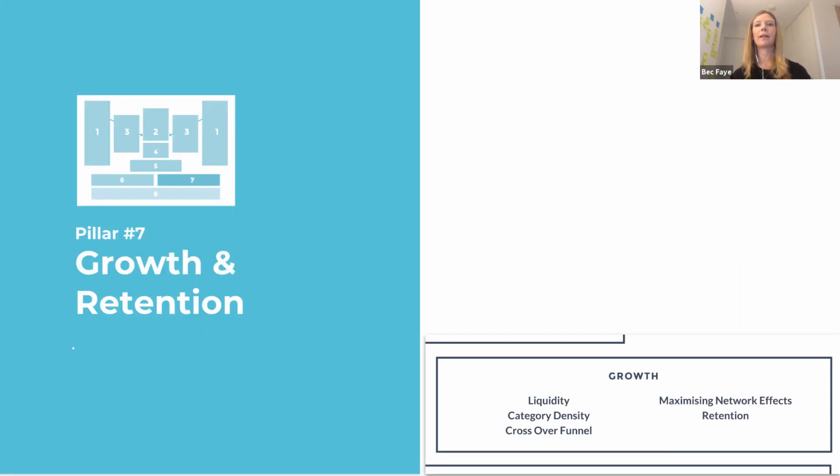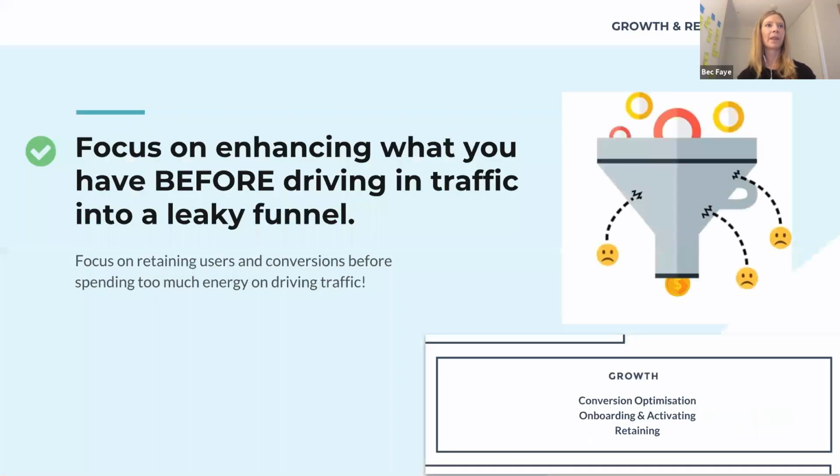Now this is where we look at things like liquidity, category density, your crossover funnel, maximizing network effects, and also your retention. So one of the big problems, and this is where I was going wrong with the Wholesome Dollar, was really focusing in on trying to get traffic into the website before enhancing what you already have.